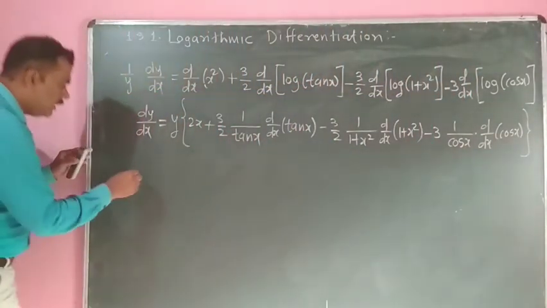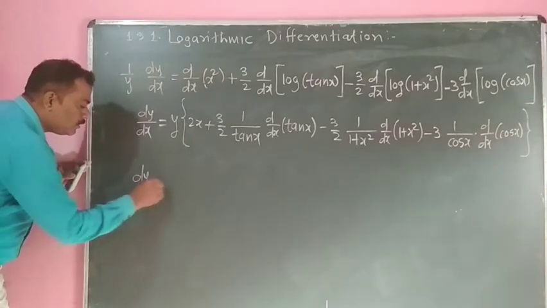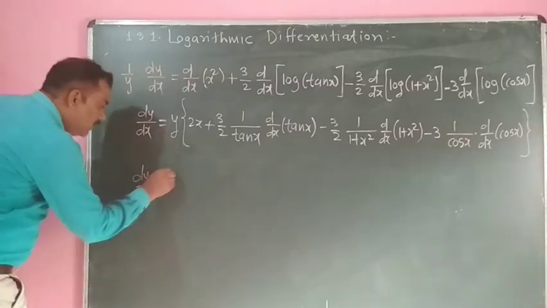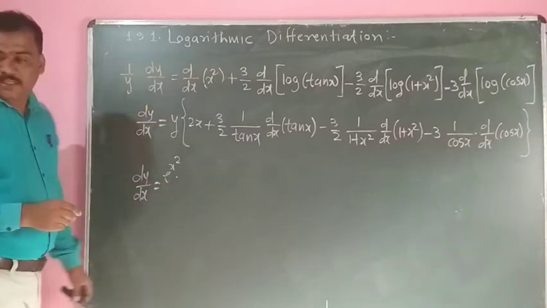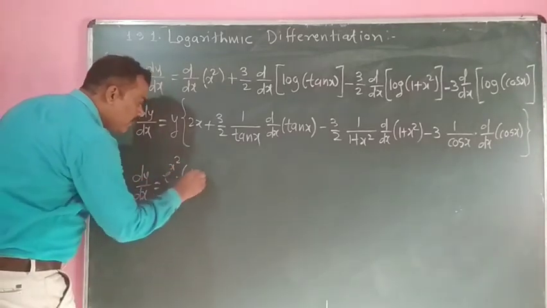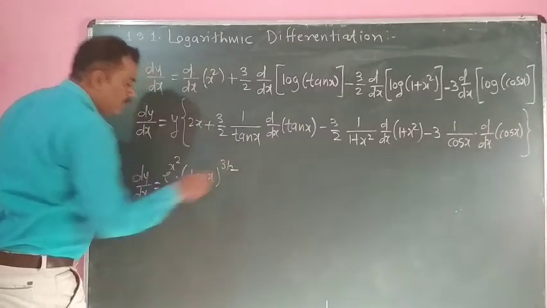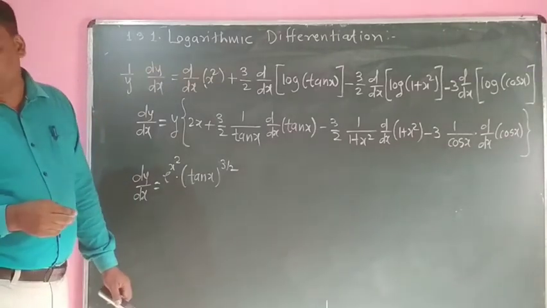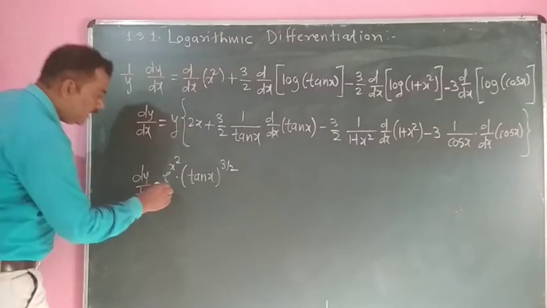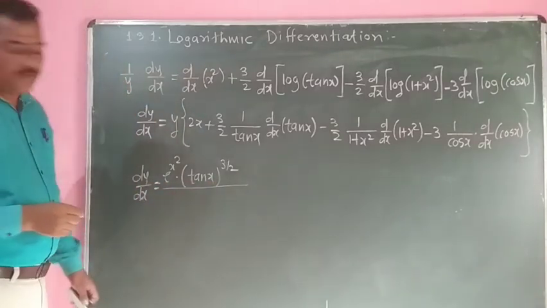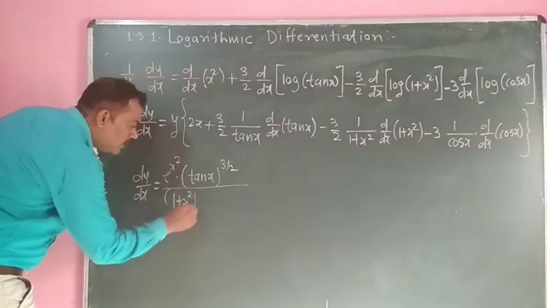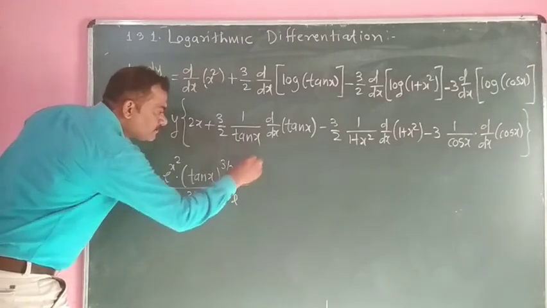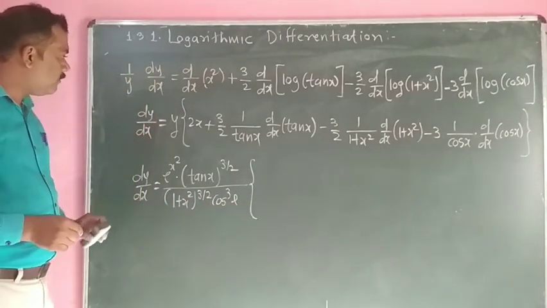So dy by dx is equal to, now what is the value of y? The value of y is e raised to x square into tan of x raised to 3 by 2, divided by 1 plus x square raised to 3 by 2 into cos cube x. This is the value of y.